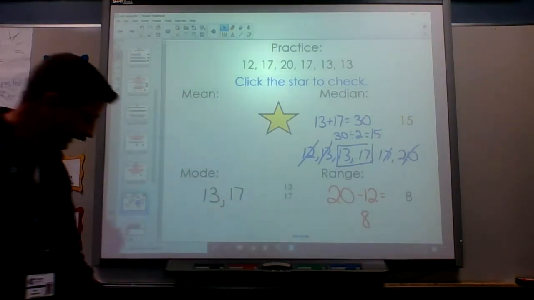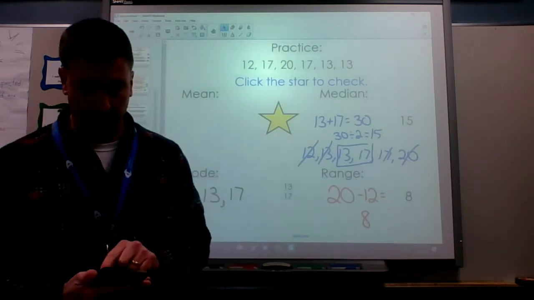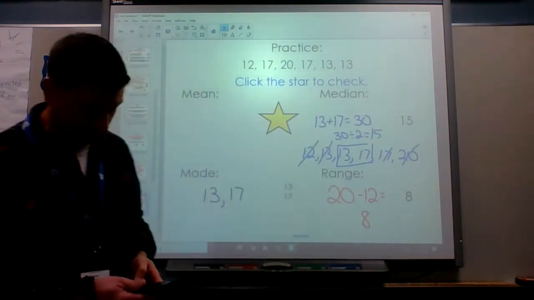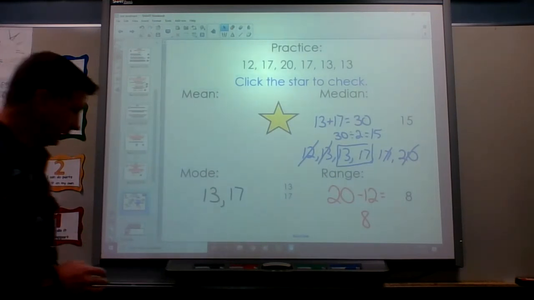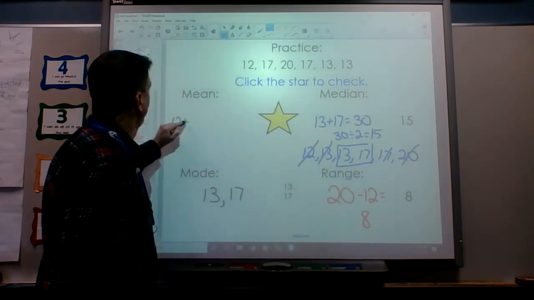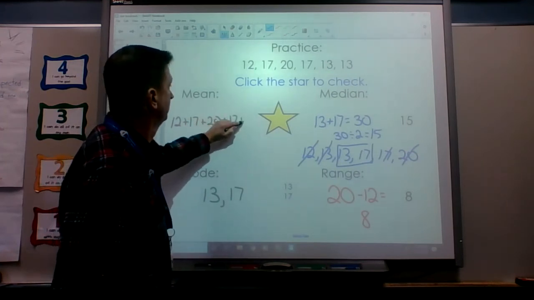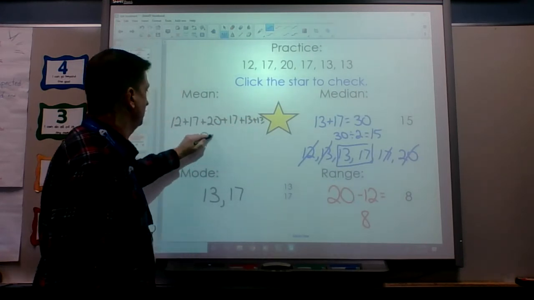Now the mean, that one, I'm probably going to want to use my calculator here because, as you can see, we have a large amount of numbers that we're going to add up. Okay, and when I add these all up, I got 92.